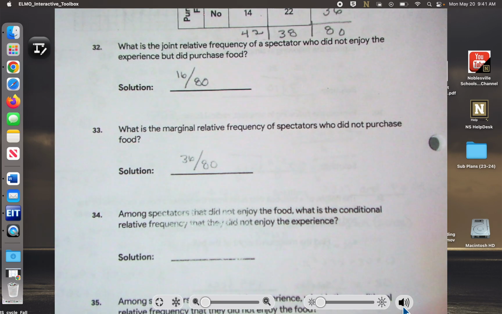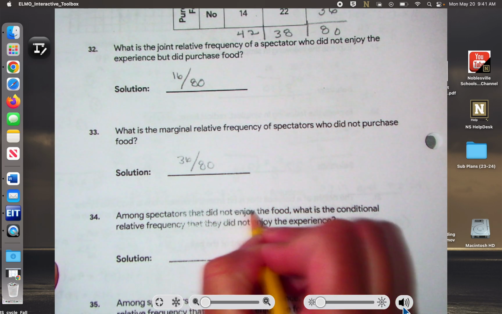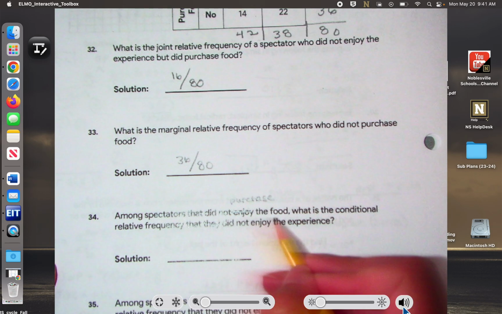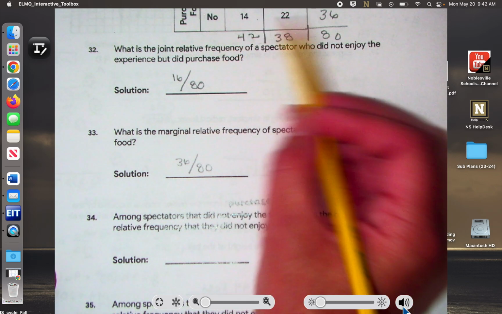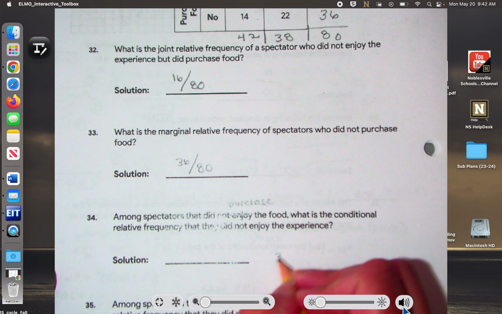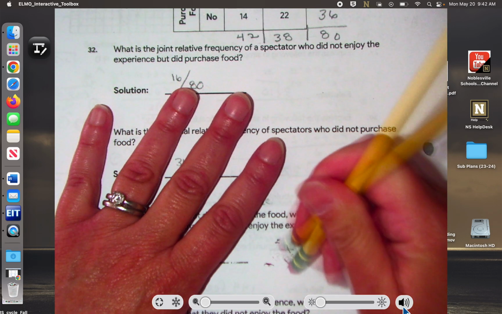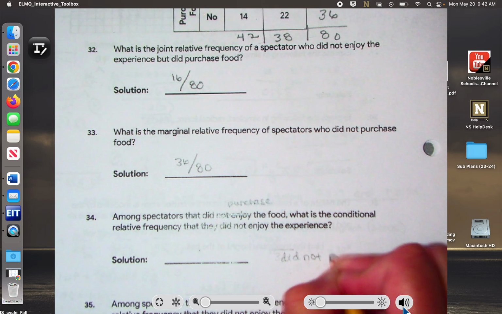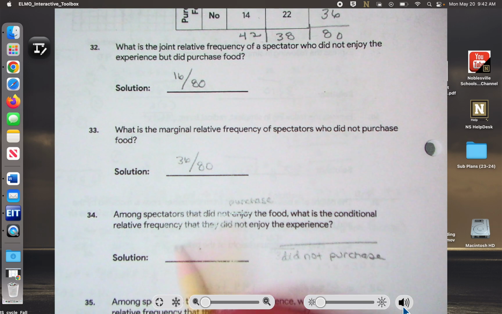Among the spectators that did not enjoy the food, remember we were supposed to change this to purchase. Spectators who did not purchase food, so there's 36 that did not purchase food. That's going to be my denominator. What is the conditional relative frequency?